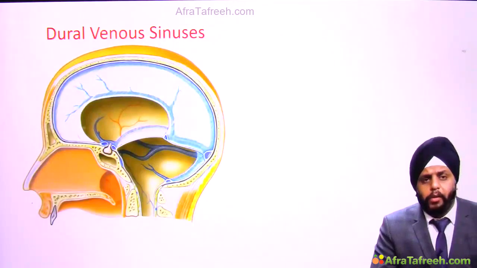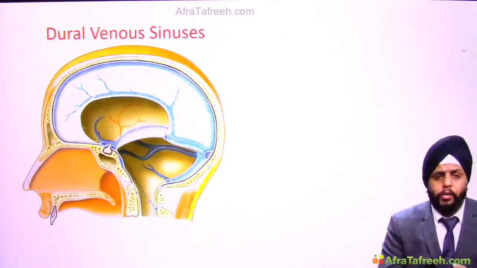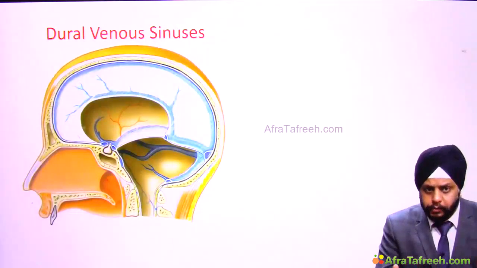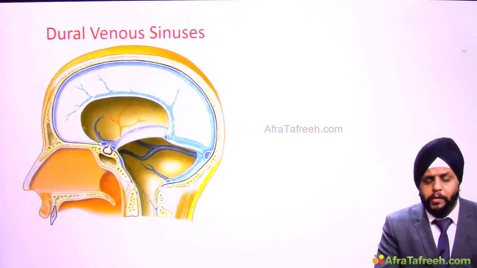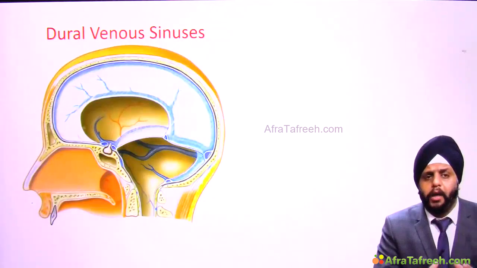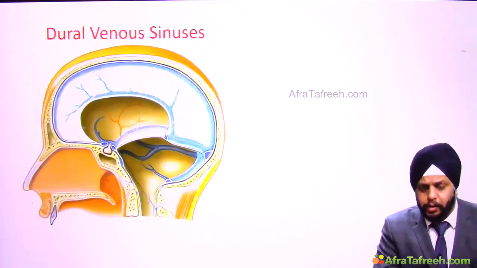So what are the dural venous sinuses? Sinuses means empty space. These empty spaces are filled with venous blood, so these are venous sinuses, and they are made by dura mater. Therefore, dural venous sinuses.